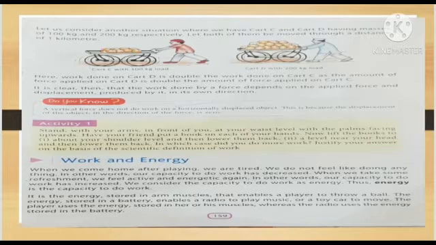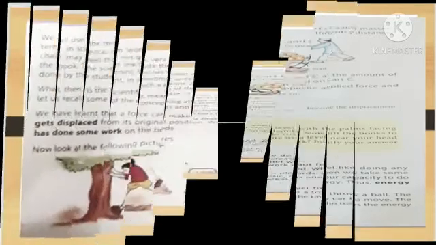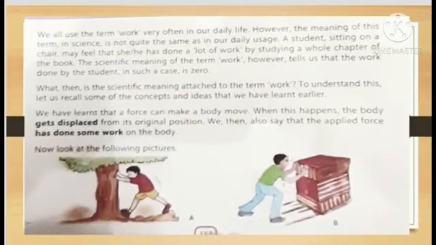We will leave the next topic for the next e-lecture: the relationship between work and energy, and the other topics given on the next pages, which are all about the different forms of energy. Now we are going to discuss page number 157, which will help you to get the actual meaning of work.